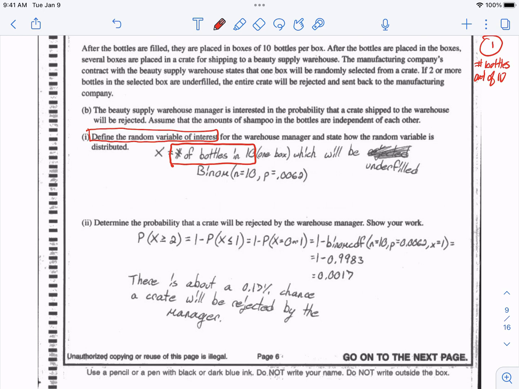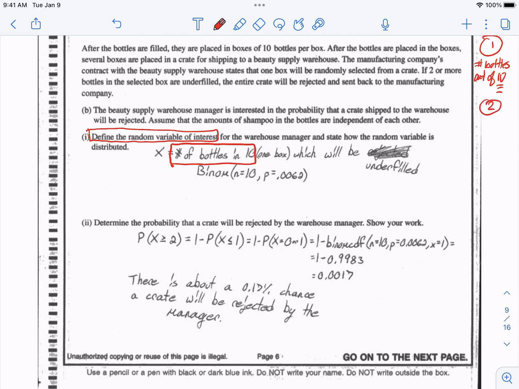But the random variable is actually out of 10. And that's important because in the binomial calculation coming up, n has to be 10. So that 10 has to be in there. That's an important thing to look for because there are some students that just said number of bottles in a box. That will not give them full credit for that piece. They have to say out of 10. So that's the first piece to get full credit.